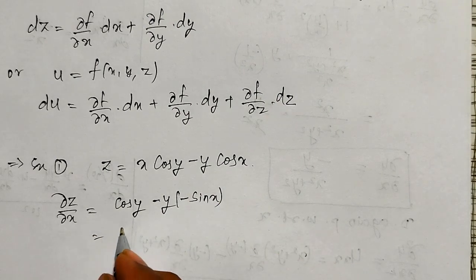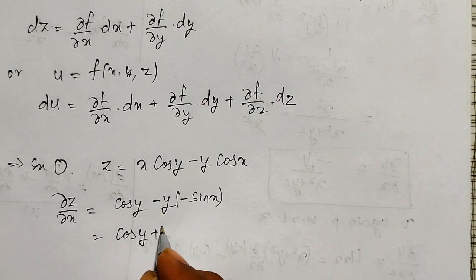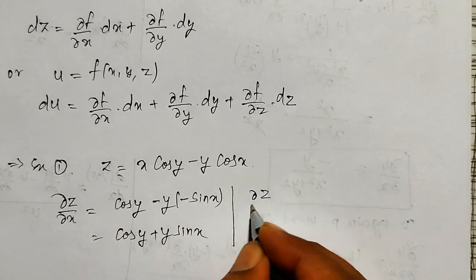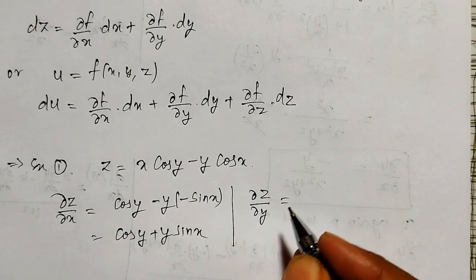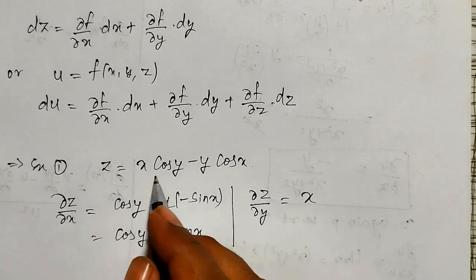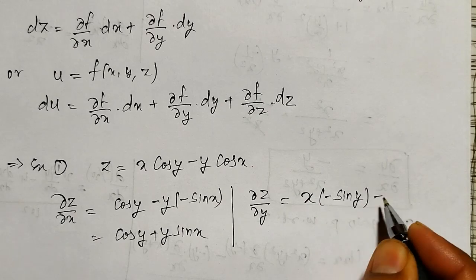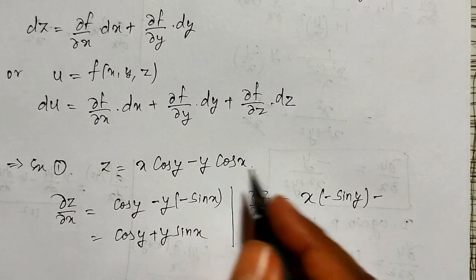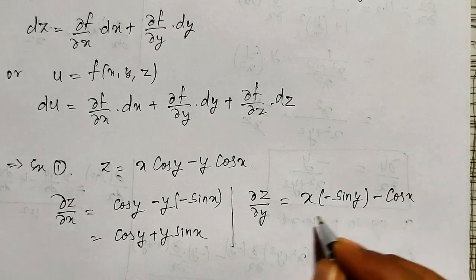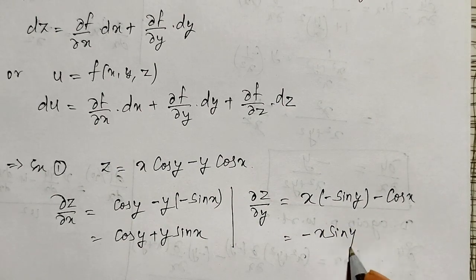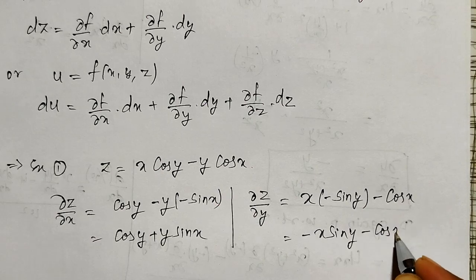So I can write it as cos y plus y sin x. Like that, dou z by dou y is x into the partial derivative of cos y, which is minus sin y, minus the partial derivative of y which is 1, with cos x as constant with respect to y, or minus x sin y minus cos x.